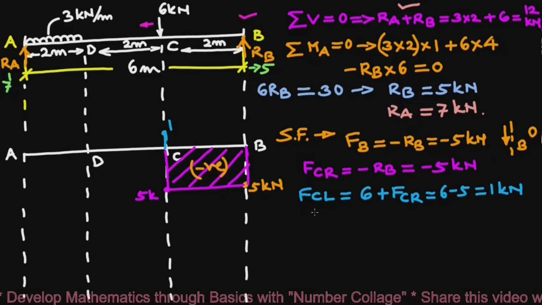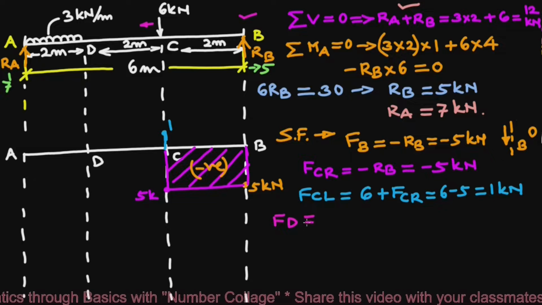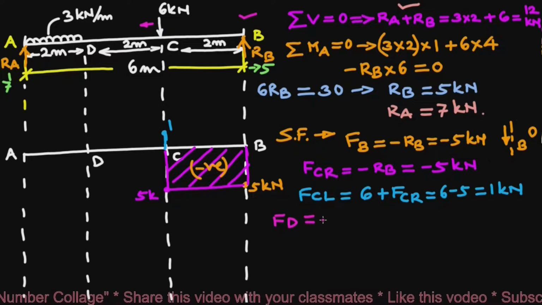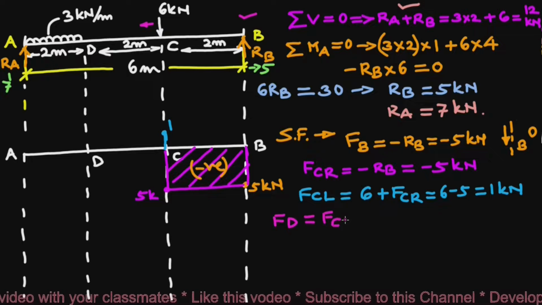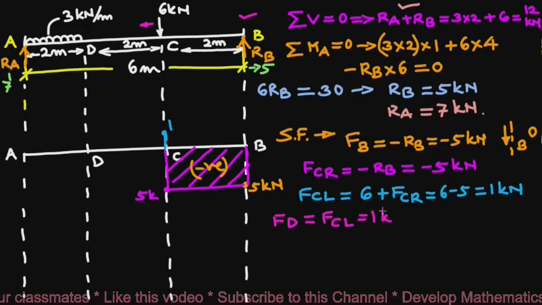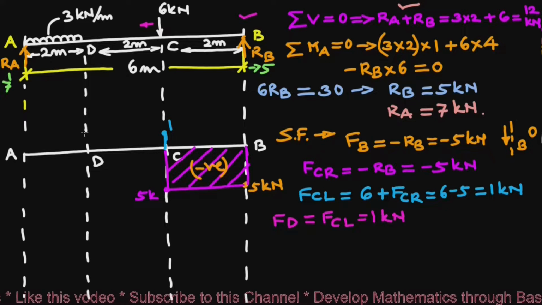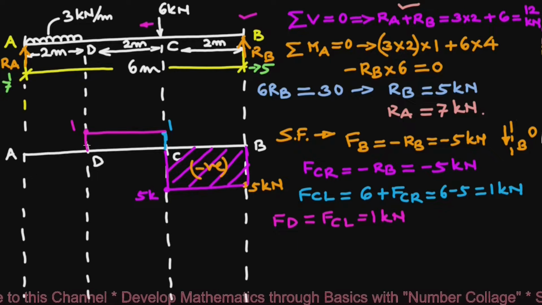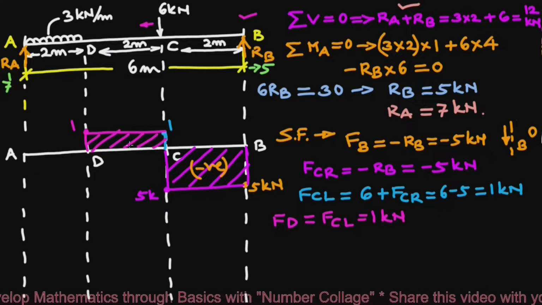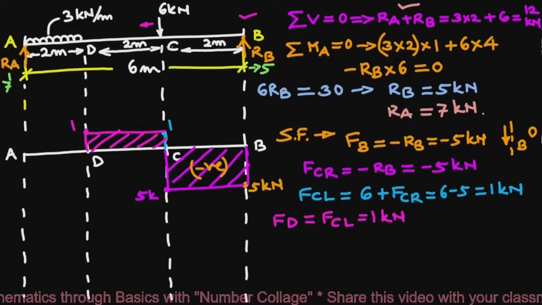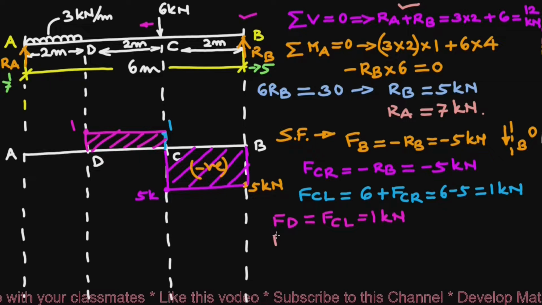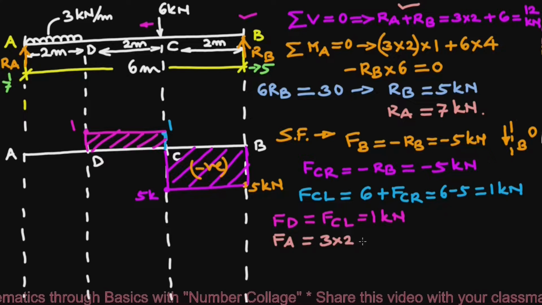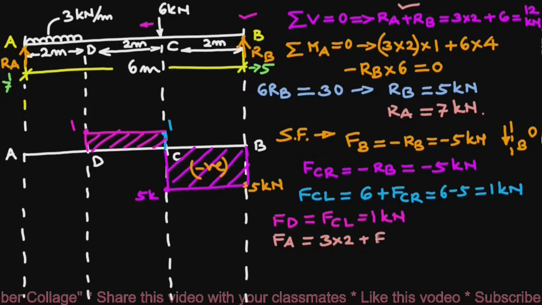Next we write shear force at point D. As there is no load between points C and D, FD will be same as FCL, that will be 1 kilonewton. So we mark it over here, draw a horizontal line, and this completes shear force diagram between points D and C. Next we write shear force at point A, FA, that will be UDL 3 multiplied by 2, 6 plus FD, which is 1.